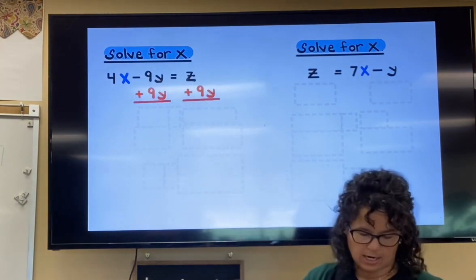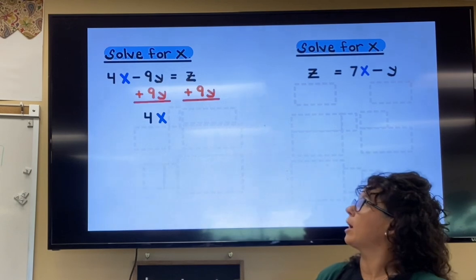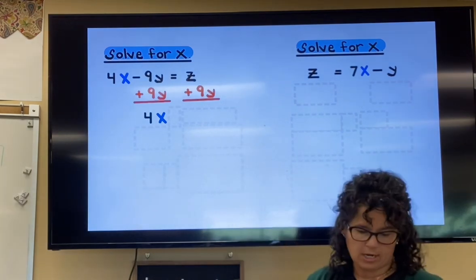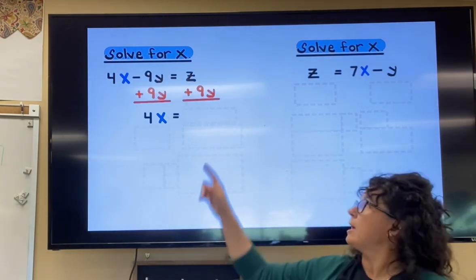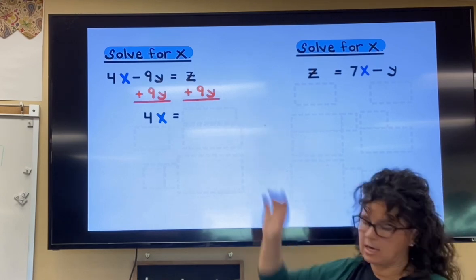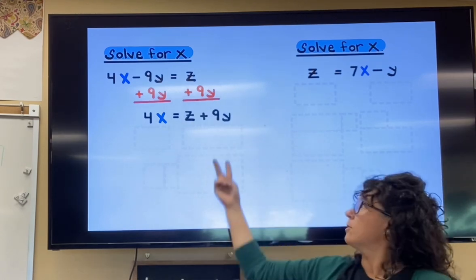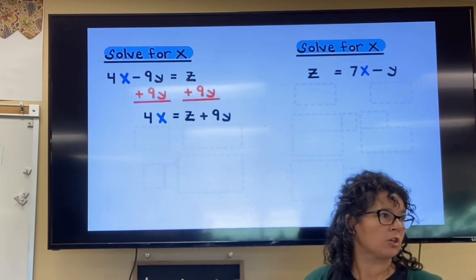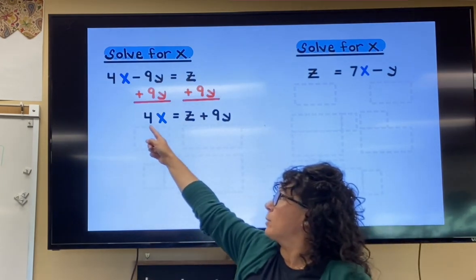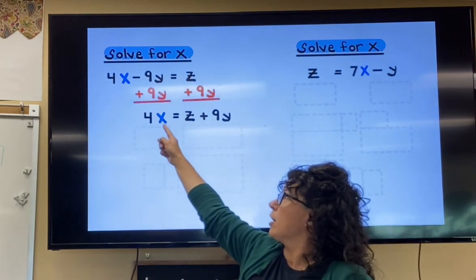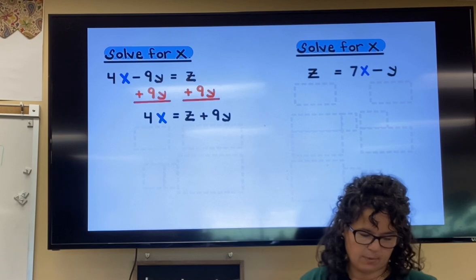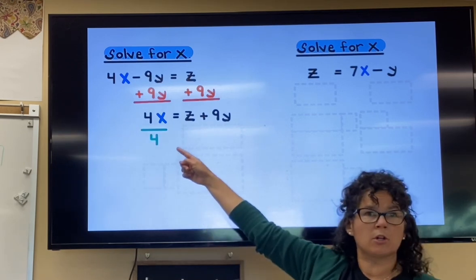On the left side, we're left with 4x. Let's bring down the equal sign. And then we have z plus 9y. Those can't be combined, they're not like terms. Lastly, to get rid of the multiply by 4, I'm going to divide by 4, show that with an underline.